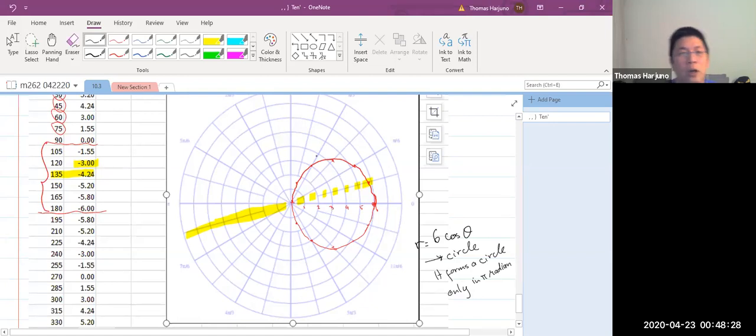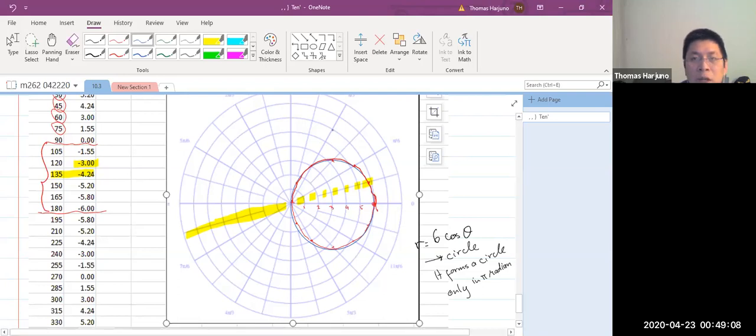Now, as you can see, this circle is actually a circle with radius 3, centered at 3, 0.